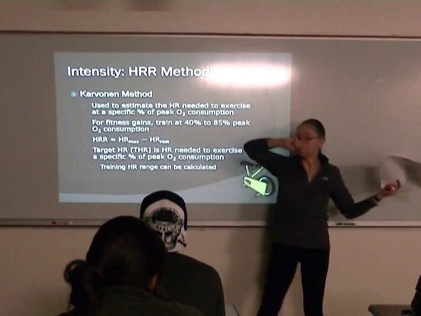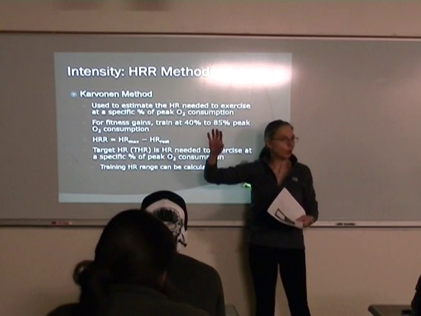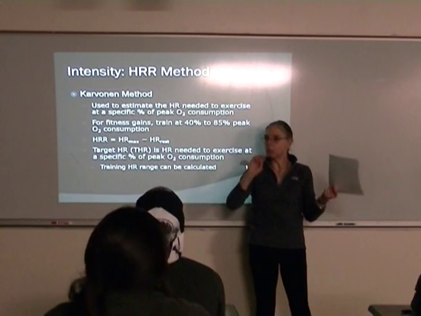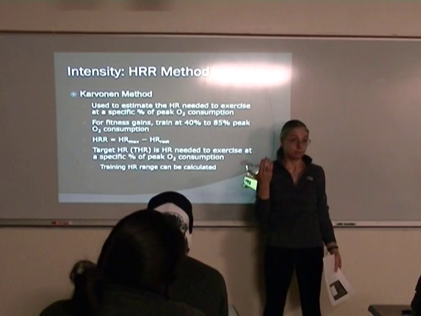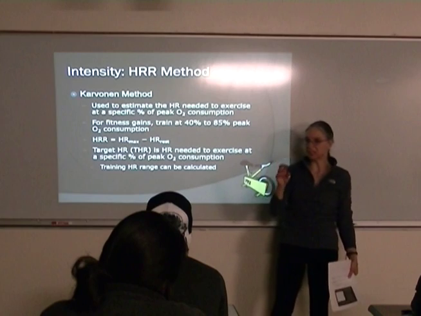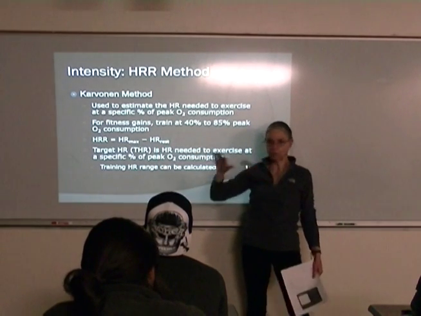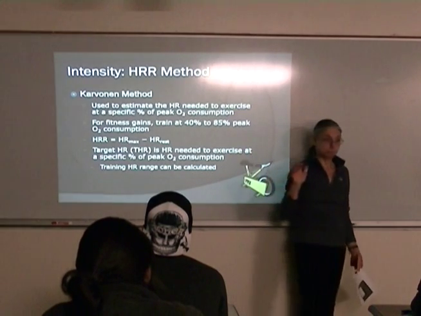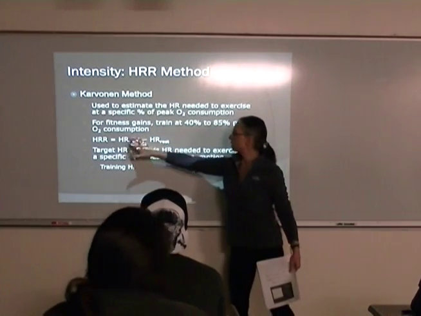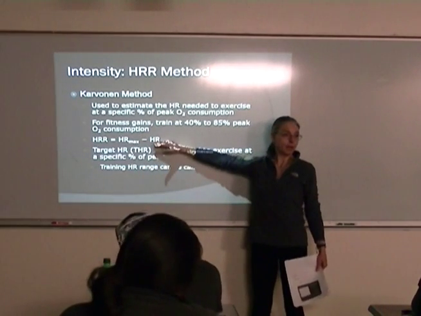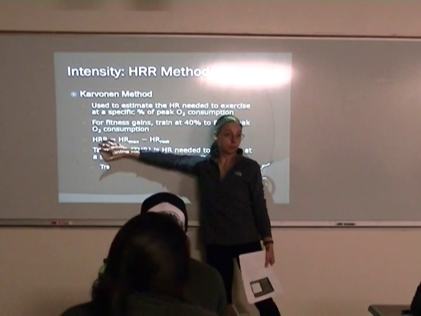That's why I said in class the other day, the best time to take your heart rate is first thing in the morning when the alarm goes off, before you sit up in bed. Because that's the closest thing you'll get to a true resting heart rate throughout the whole day. Right? So you take your heart rate max, you subtract your heart rate at rest, and that gives you your heart rate reserve.